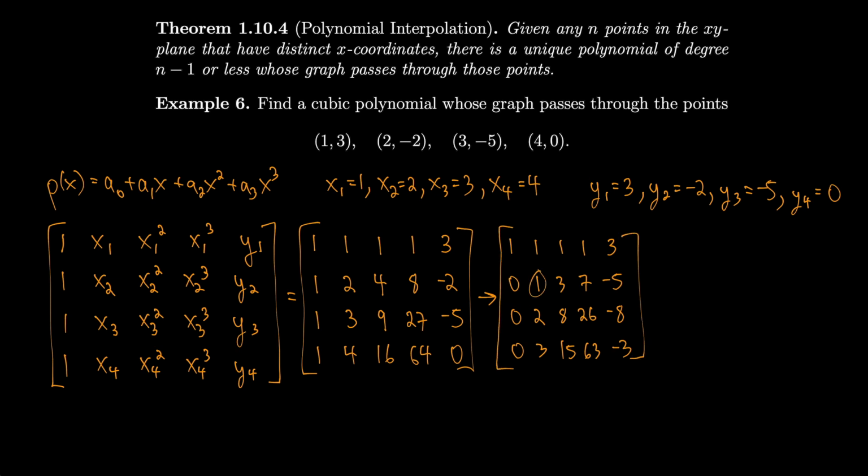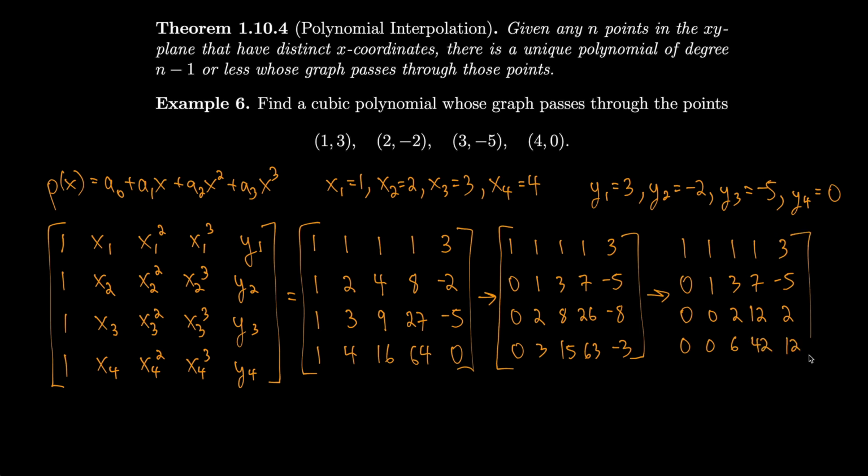Okay, I got a leading 1 there. I just need to get zeros over here, so I'll subtract 2 times the second row from the third and 3 times for the fourth one. So I'll stick with 1, 1, 1, 1, 3 up top. I'll stick with 0, 1, 3, 7, minus 5 for my second row, but I'll get 0, 0, 2, 12, 2 for my third, and 0, 0, 6, 42, 12 for my fourth row.